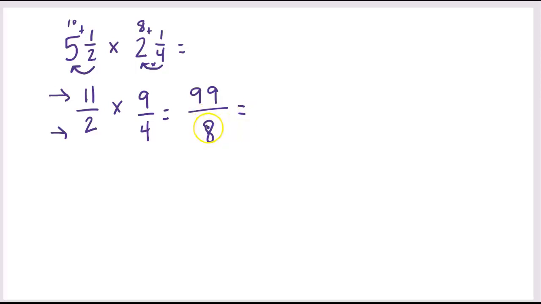I know 8 times 12 is 96. So I know it's going to go in there 12 times, and I get 96. How many more do I have to go to get to 99? Well, I know that's 3, and I end up with 12 3/8.